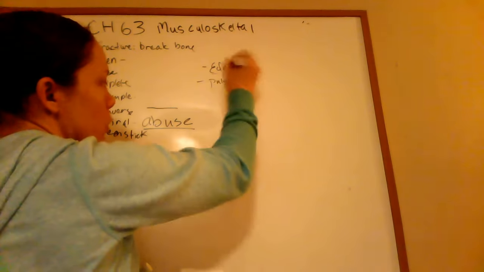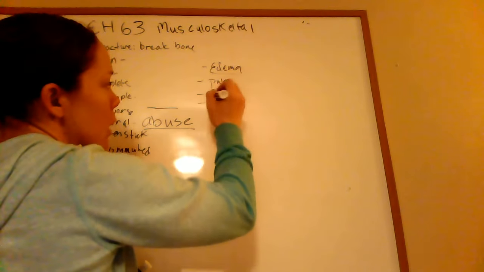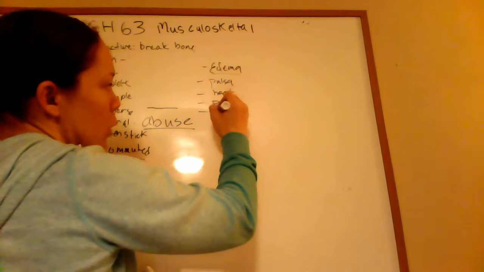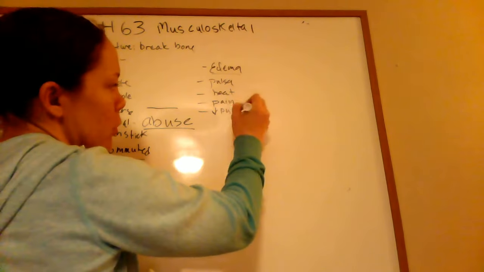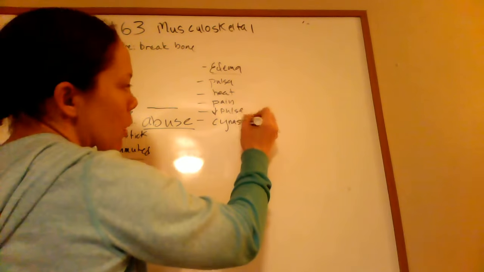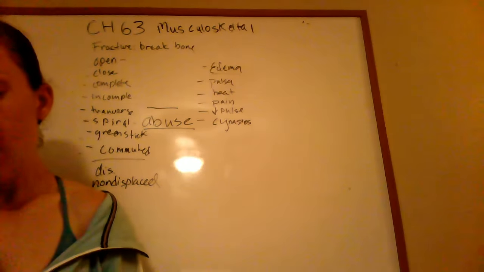You might have, of course, swelling. With swelling, you're going to have heat, possibly pain, low pulse or lack of pulse, cyanosis because of the lack of pulse. These are all interrelated, so if you can think of one, then you can usually relate to the other one as well.